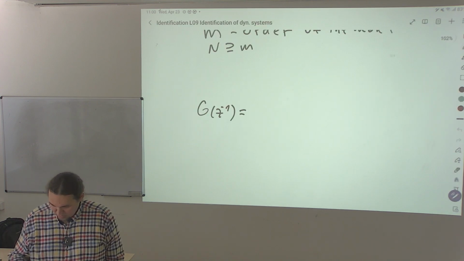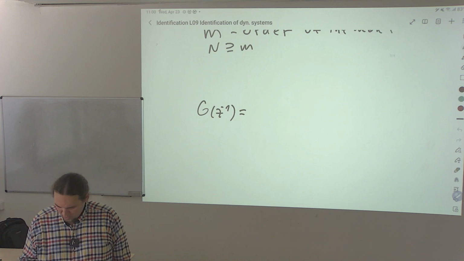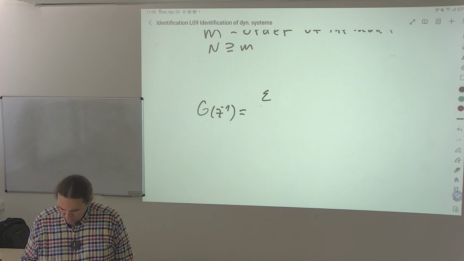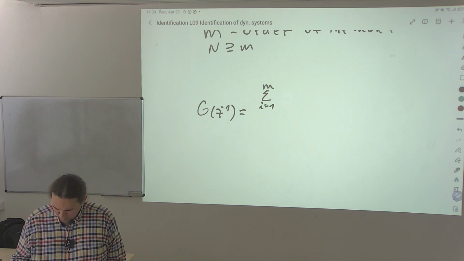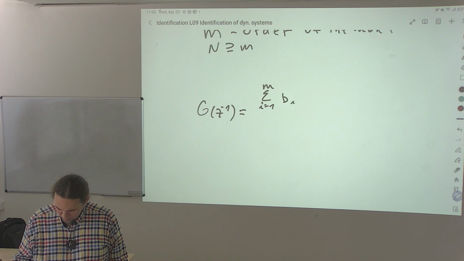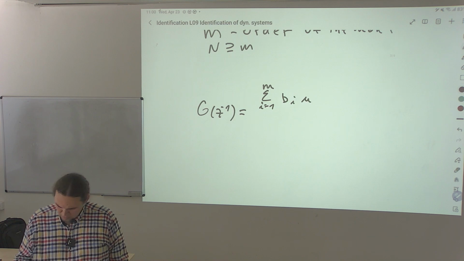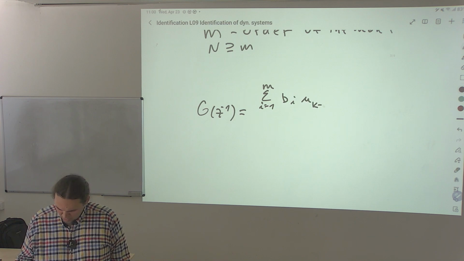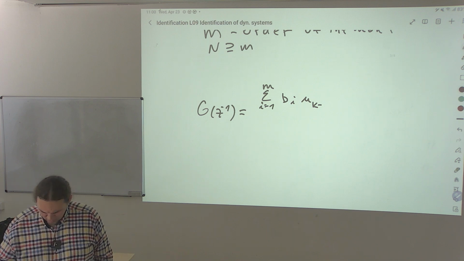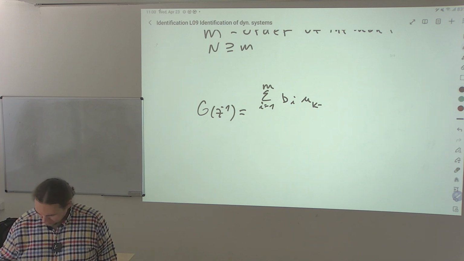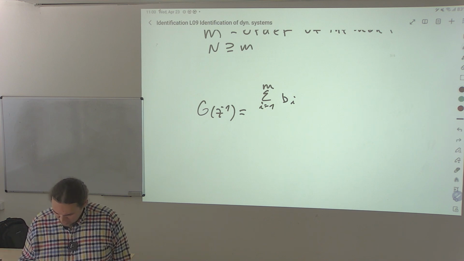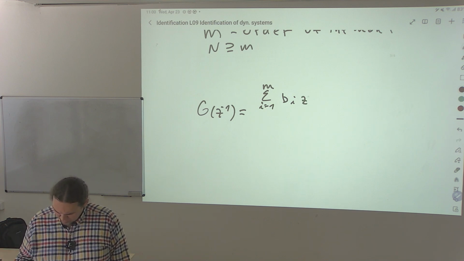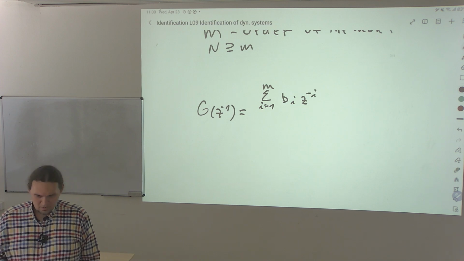So something which is similar. Well, we can keep this i going from 1 to m in the numerator, b_i u_k minus, no, what I'm talking about. This is transfer function already, yeah? This is not the time world. So this is z to the power of minus i.